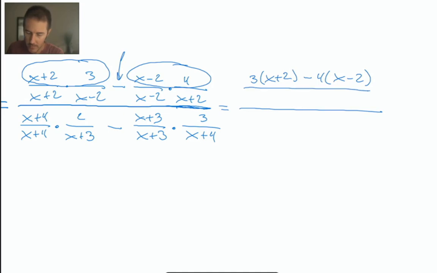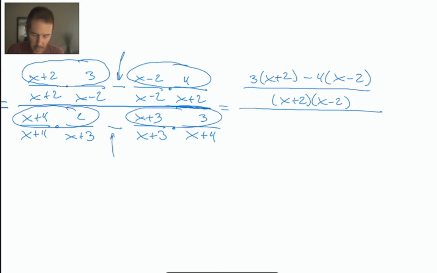I did kind of change the order a little bit, okay, but all of the correct factors are there from those two numerators. And then the common denominator is, it doesn't matter what order you write these, x plus 2 times x minus 2.